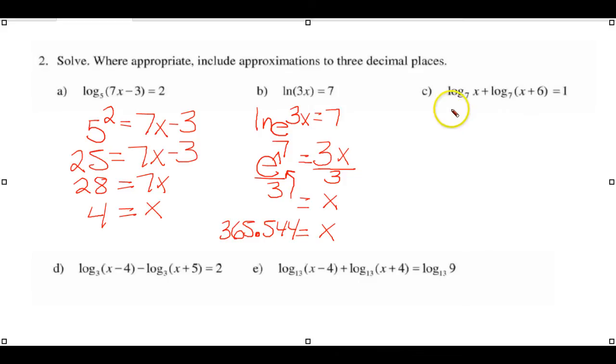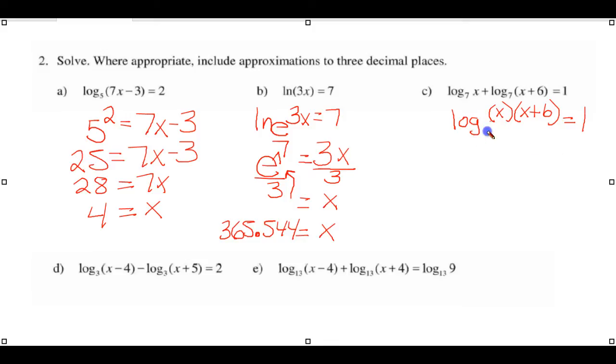so we're going to put it in its condensed form, log base x, and now it's multiplication, x times x plus 6 equals 1. So, and our log here is 7.